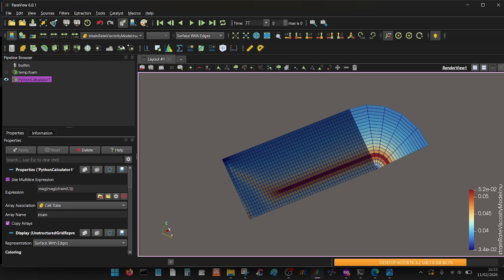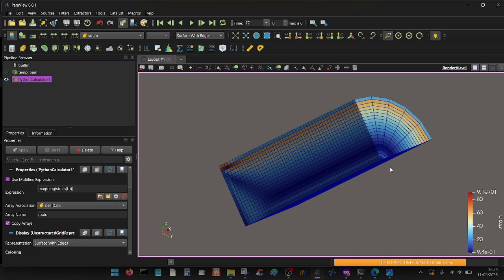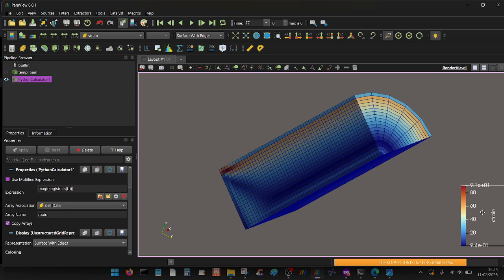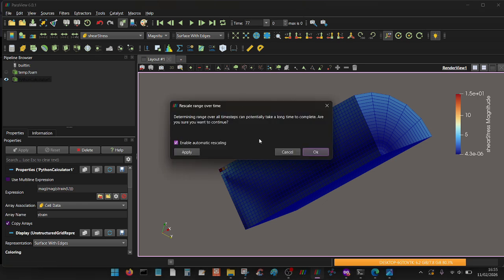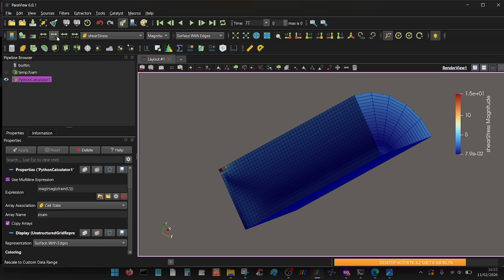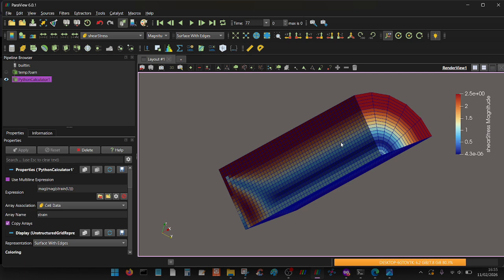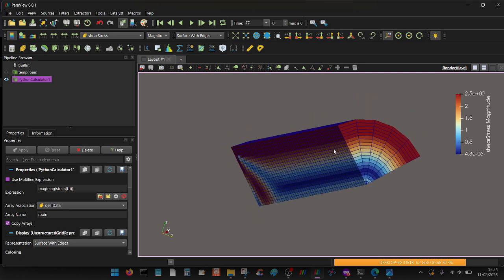We've got a strain that is causing the viscosity to vary, and we've also got the shear stress.